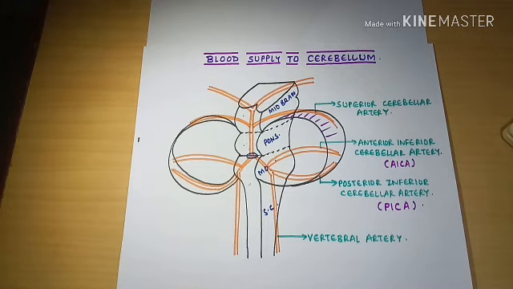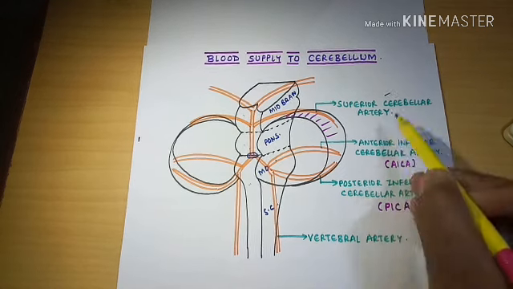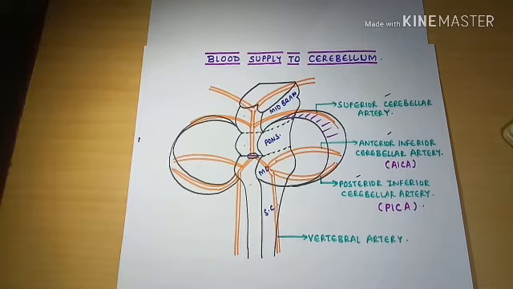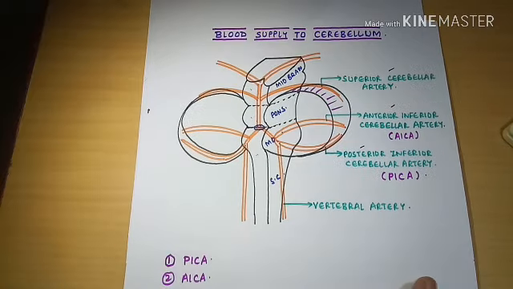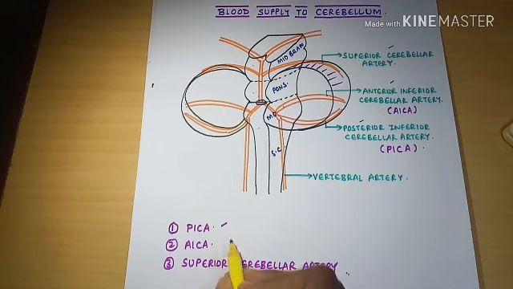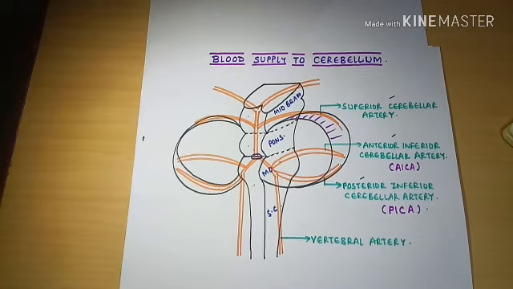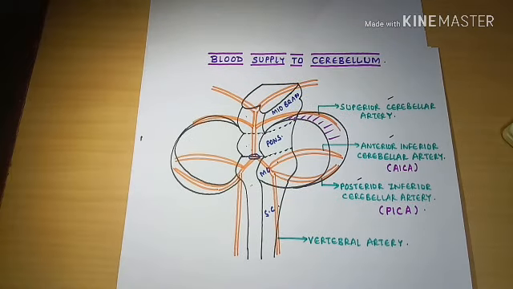Whereas the superior section of the cerebellum is supplied by the superior cerebellar artery. So these three arteries are part of the vertebrobasilar system: the posterior inferior cerebellar artery, the anterior inferior cerebellar artery, and the superior cerebellar artery. So this is the blood supply to the cerebellum.